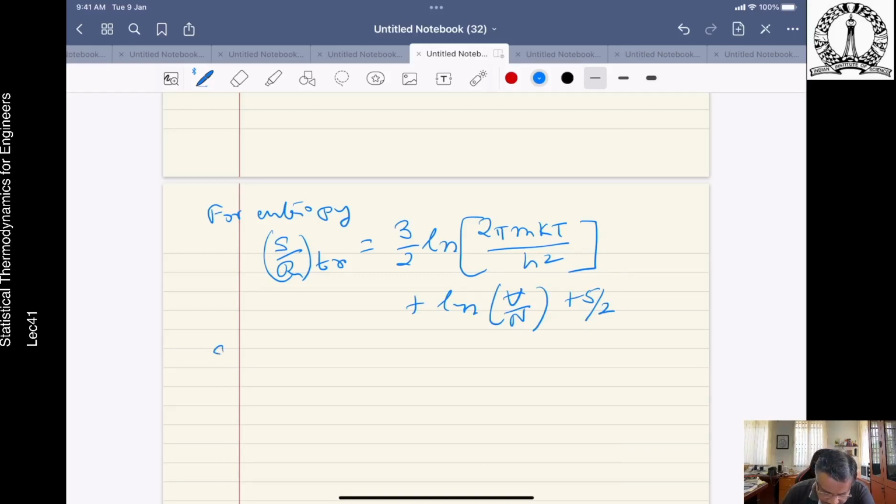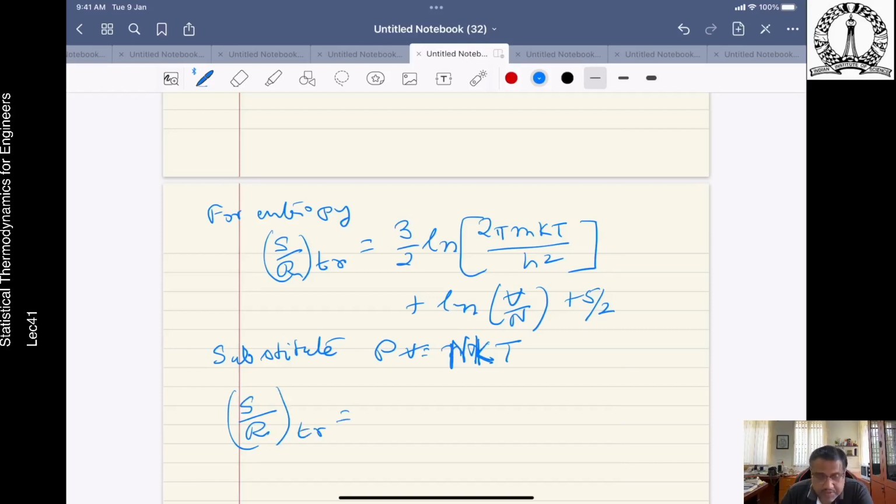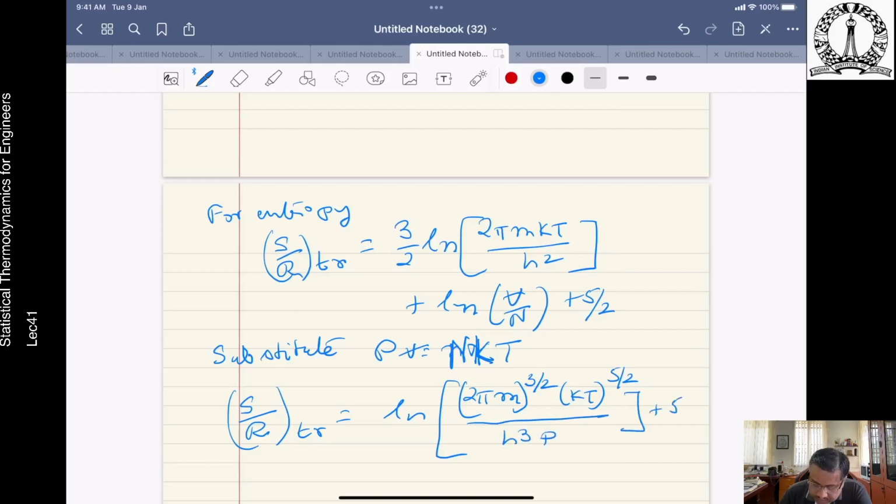If you substitute PV equal to NkT, capital N, we get S by R, this is small s, remember, translational, equal to ln of (2 pi m)^(3/2) (kT)^(5/2) over h cubed P, plus 5/2.